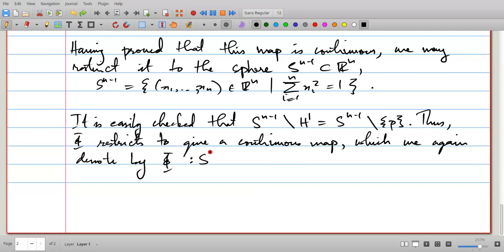So this is a map from Sn minus 1 minus p to h.